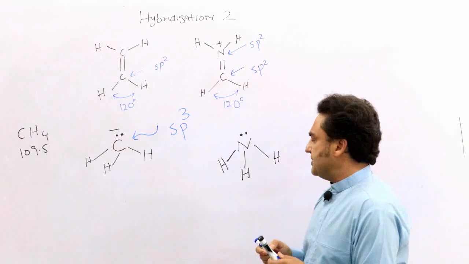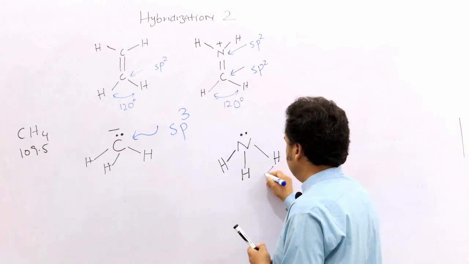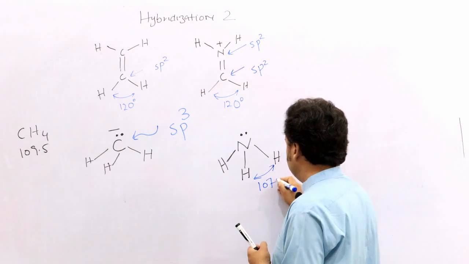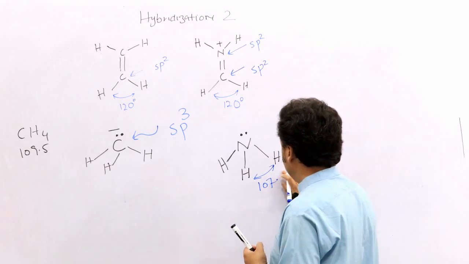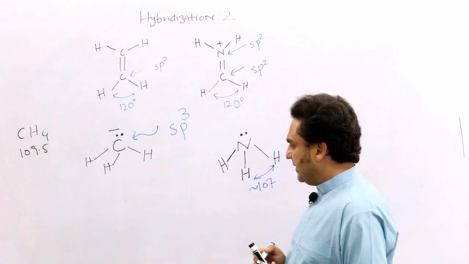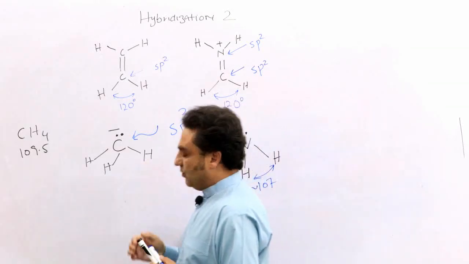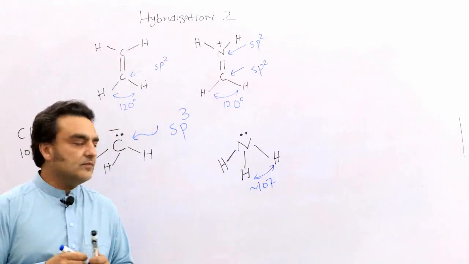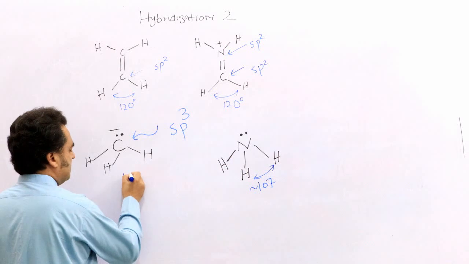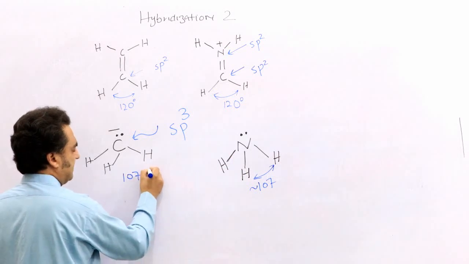As we saw yesterday, in the previous lecture, it's about 107 degrees. Now let's see this molecule. Its angle is about 107.3, something like that.